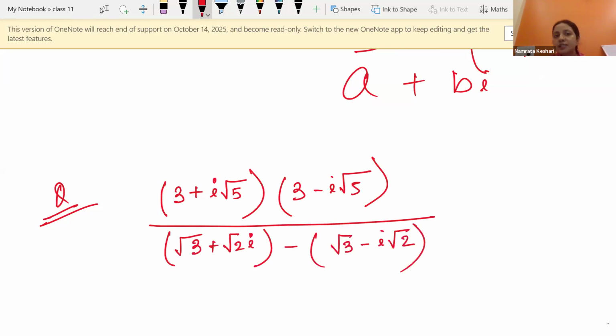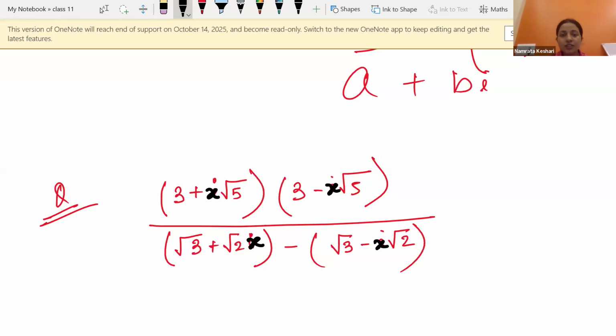I'm going to make this i as an x, just for the time being when we are going to solve it so that you will be comfortable. You don't have to do it anytime, anywhere. Just for your clarity, I'm doing it. I'll rub it and will replace it with i.